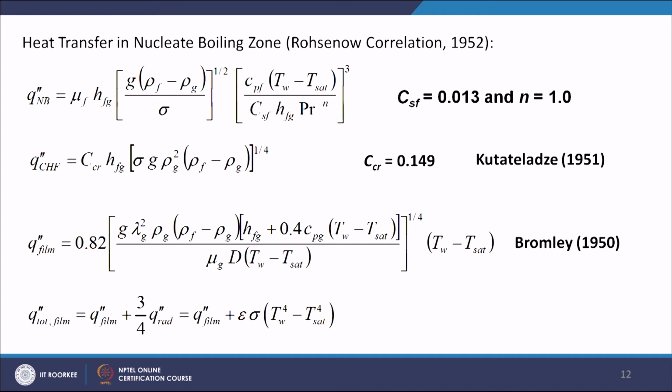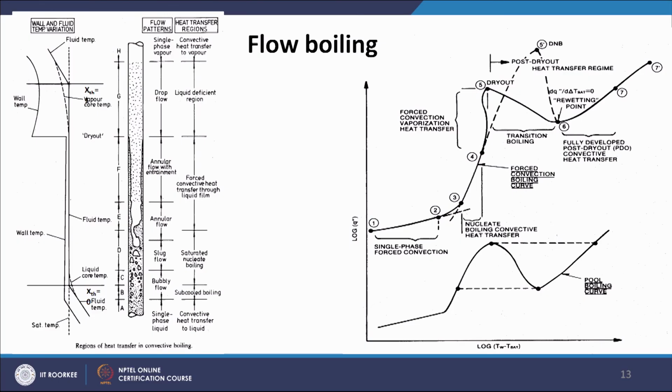The total heat flux in case of film boiling can be written as Q_film plus 3 by 4 Q_radiation, because in film boiling the surface temperature will be very high, so radiation cannot be neglected. Radiation heat transfer also we need to calculate. In this fashion I have shown, this is very common to all of us, how radiation heat flux can be considered.